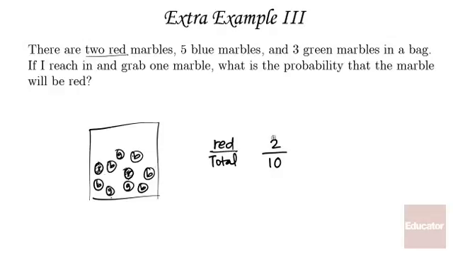I have to simplify it. So I know that because the top number and the bottom are both even numbers, I can divide both of them by a 2. So 2 over 10 becomes, 2 divided by 2 is 1 over 10 divided by 2 is 5. So the probability of picking a red is 1 out of 5.